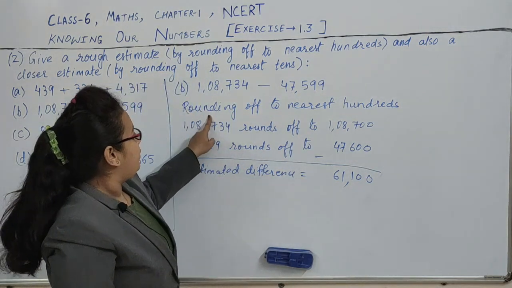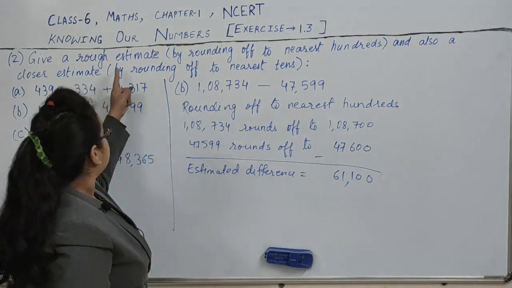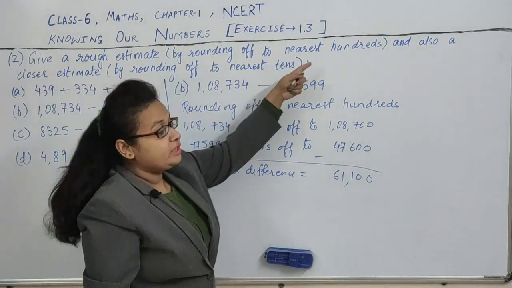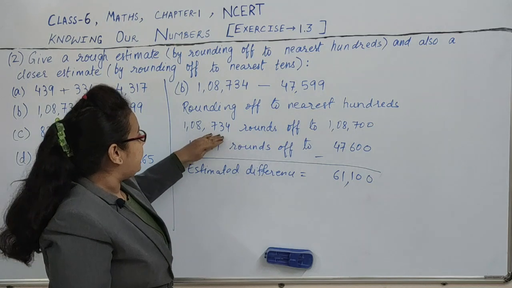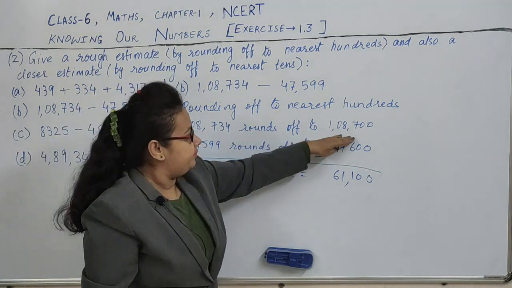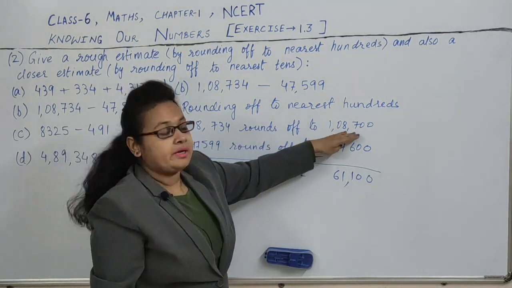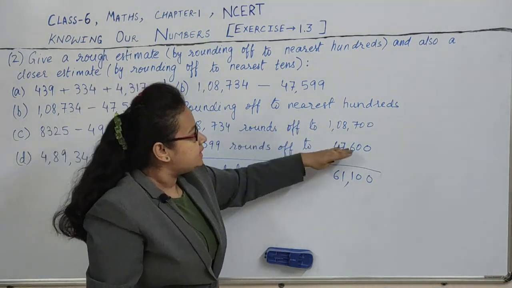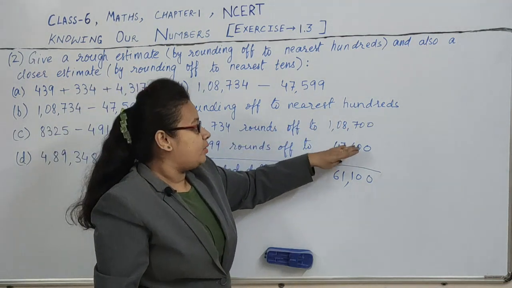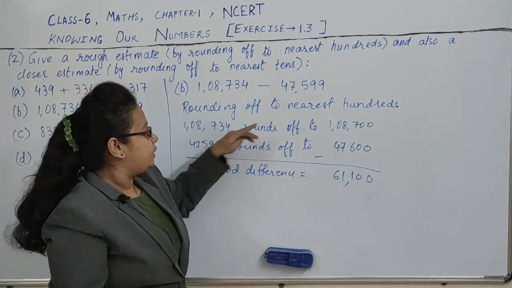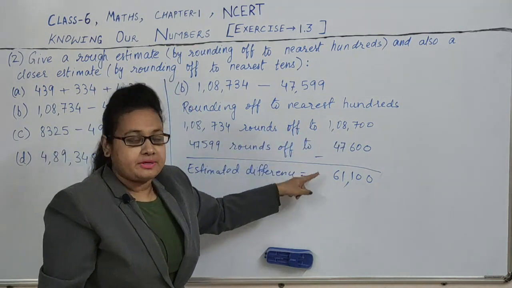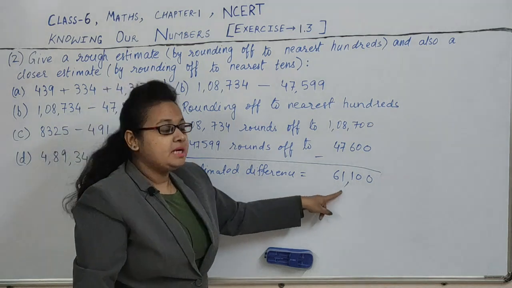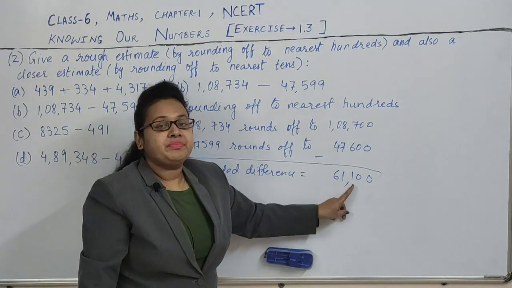What we did, when we have to get a rough estimate by rounding off to the nearest hundreds, we will round off each number separately. We will round off this to the nearest hundreds. This also is rounded off to the nearest hundreds. After rounding off both the numbers to the nearest hundreds, then we will subtract, and then we will get the estimated difference.